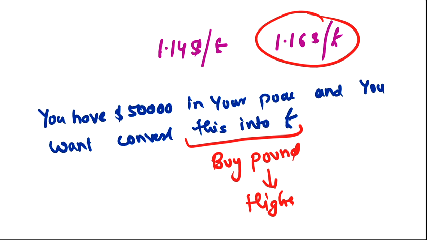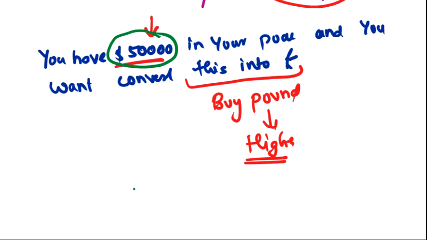Now you have $50,000. You want to convert it into pound. Rate is given for the pound. Cash which you have is in dollars. So how are you going to convert this? Always remember, if your base currency is different and the money which you want to convert is different, then you have to use the divide function. Simply 50,000 divided by 1.16.